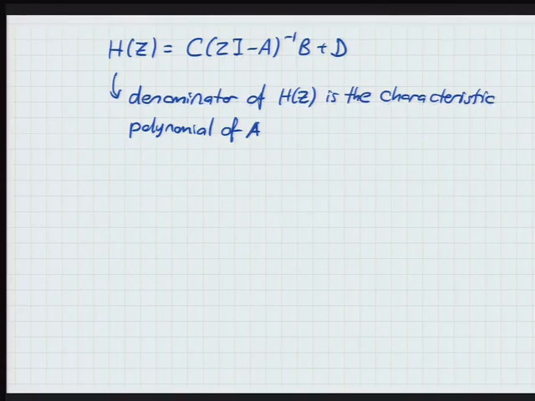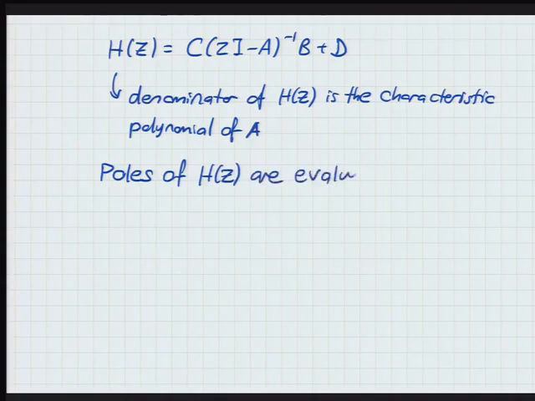When the variable z is an eigenvalue, right? When does the denominator vanish? When z is a pole. That means the poles of H of z are the eigenvalues of A. Again, we had made a similar observation for the continuous time case.